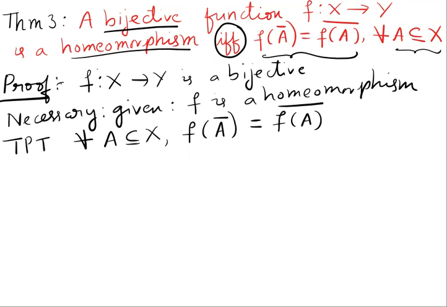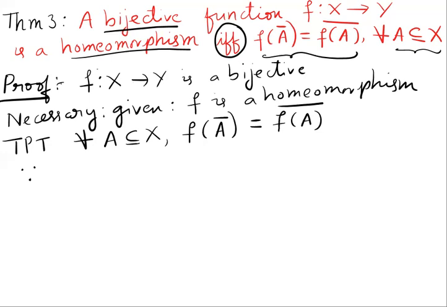Now, since f is a homeomorphism, that means f is bijective, f is continuous, and f inverse is continuous. In other words, we can also tell f is an open mapping, right?